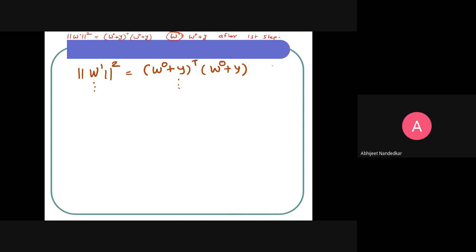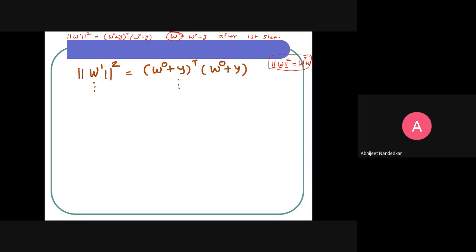Since the norm of a vector, this symbol is the norm of vector W, if I square it, this is equal to W transpose W. If you take a vector and make a dot product with itself, it is known as norm square.